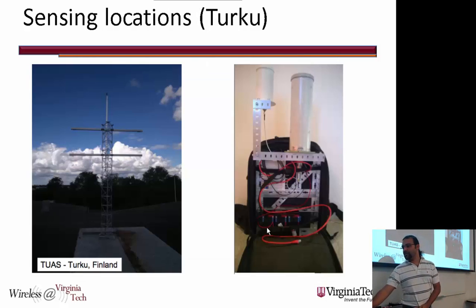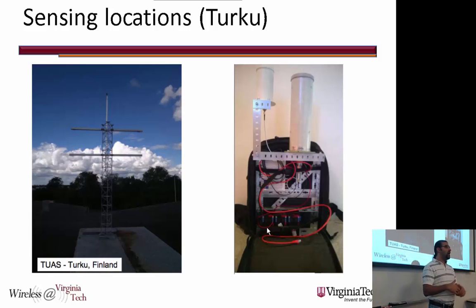So the locations include Turku, and Turku has two systems over there. One is just a fixed system over one of the buildings of the institute. And they have a backpack system that they can take to, let's say, a music concert in the middle of the town.